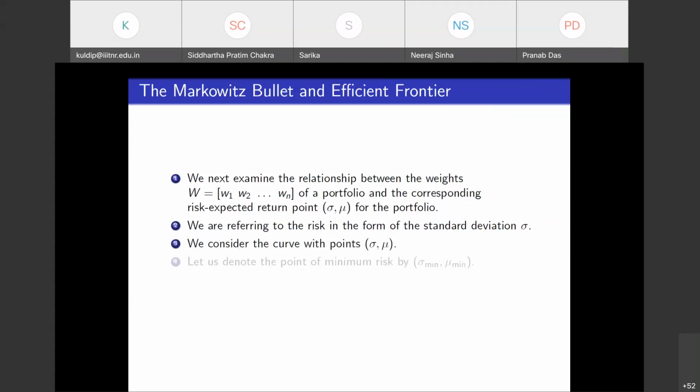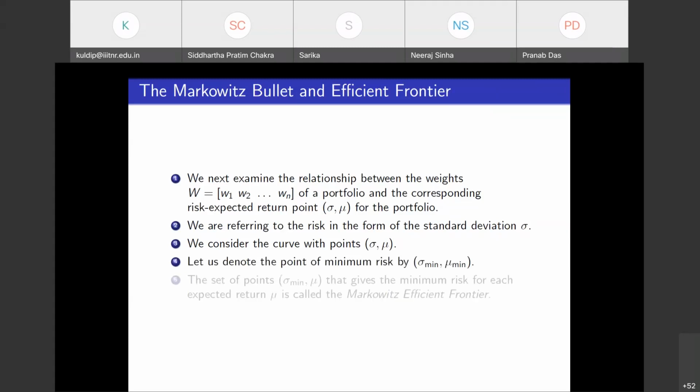And now we consider the curve with the point sigma mu. So remember that we had infinitely many combinations of W1 to Wn, and using the formula, we can find infinitely many points sigma mu. Suppose you take the sigma along the x-axis and mu along the y-axis. So this will be in a two-dimensional coordinate system. There will be infinitely many such values.